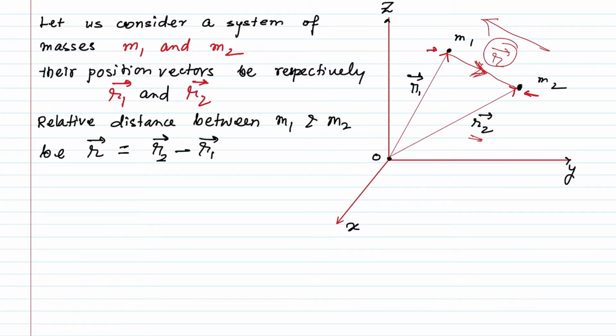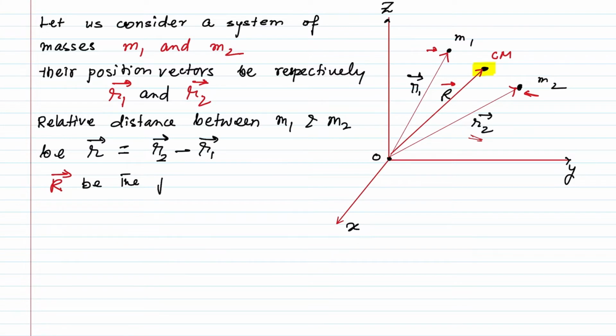Here you see this point, let us assume this point is our center of mass, CM, and its position vector is represented by capital R, the position vector of the center of mass.